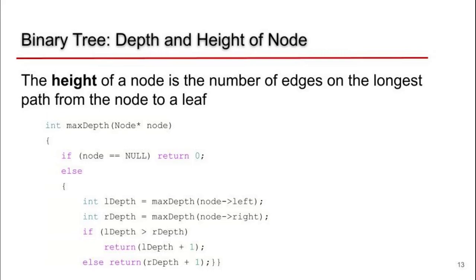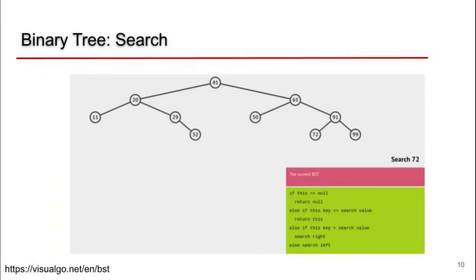But for search, going back to the search example, you know your route. You started here at 41, you checked the next value, you found that the value you are searching for is bigger, so you go to the right, and then you checked again, and you found you are searching for 72 in this example, so again you go to the left. So you have points telling you whether you should go to the right or to the left.